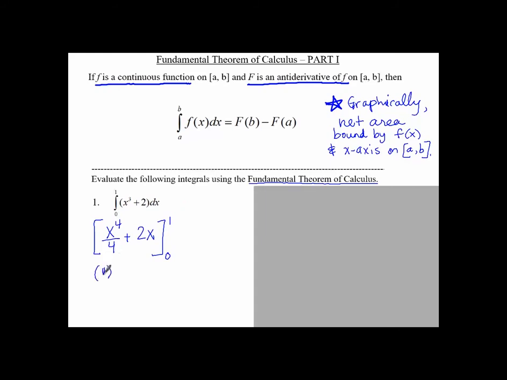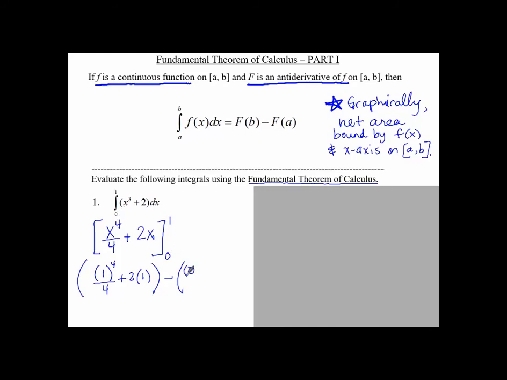1 to the fourth over 4 plus 2 times 1. That's plugging in the upper limit. Then we will subtract and plug in the lower limit. The lower limit is 0.